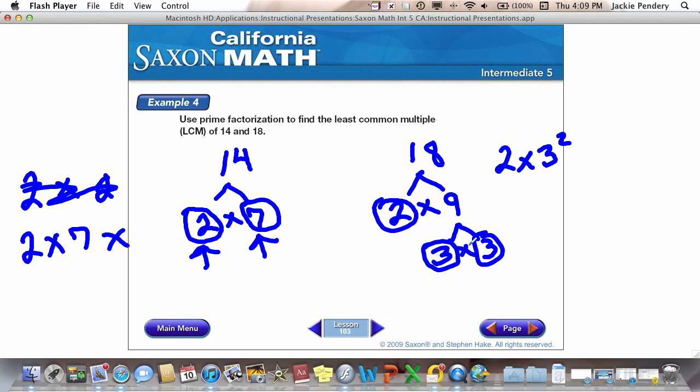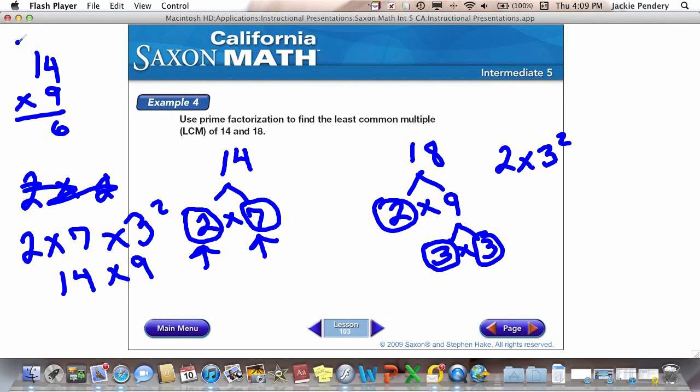And now we're going to use the 3 squared. So 2 times 7 is 14 times 3 squared, which is 9. And 14 times 9, we of course move off to the side and show our work. We don't do it in our heads. 4 times 9 is 36. Carry the 3, 9, 10, 11, 12. So 126 is the least common multiple.